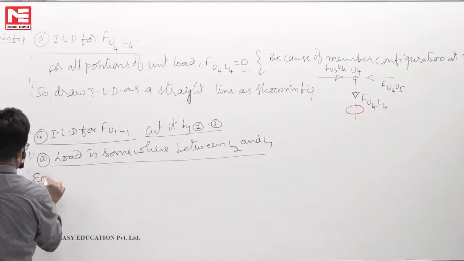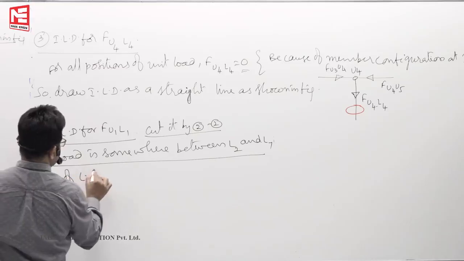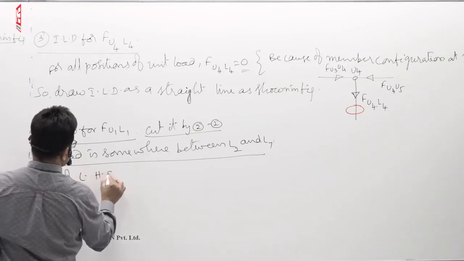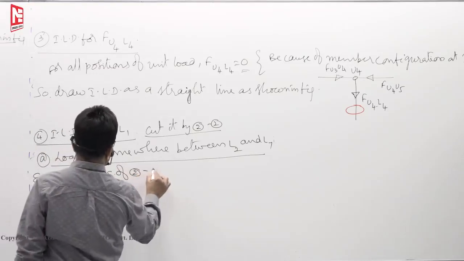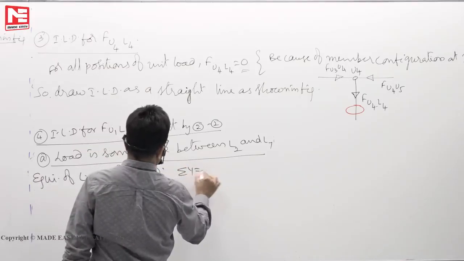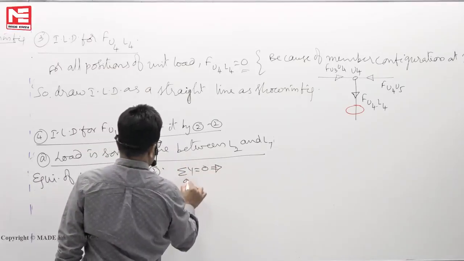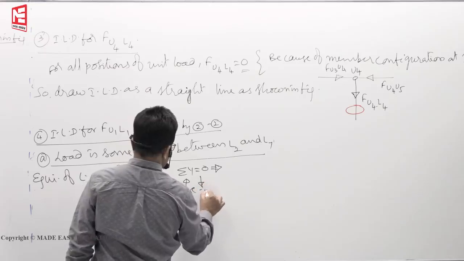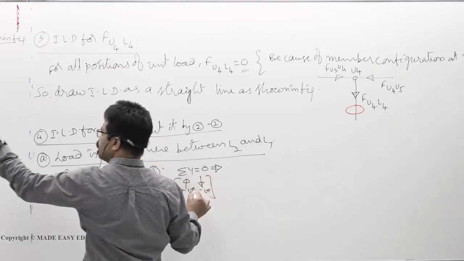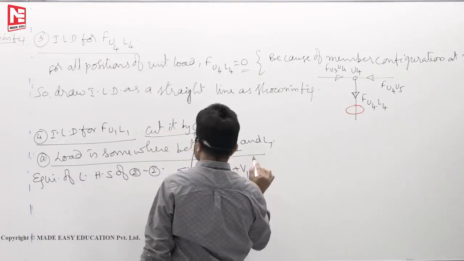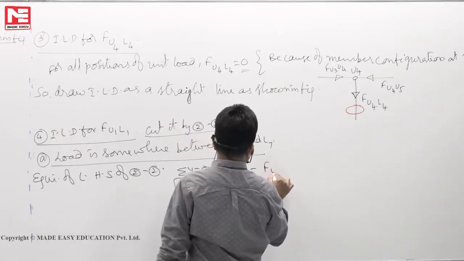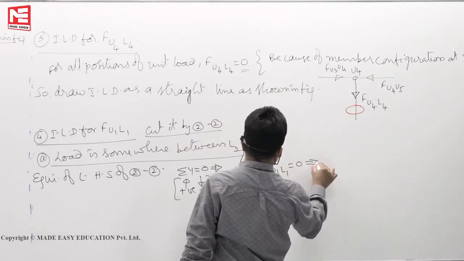You will take equilibrium of LHS of 2, 2. You take now sigma y is equal to 0. Upward force is positive, downward force is negative. Plus V1 minus FU1 L1 is equal to 0.